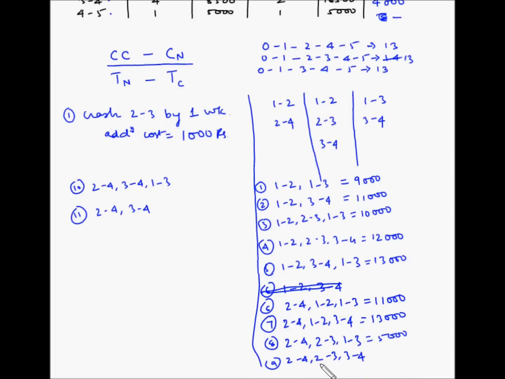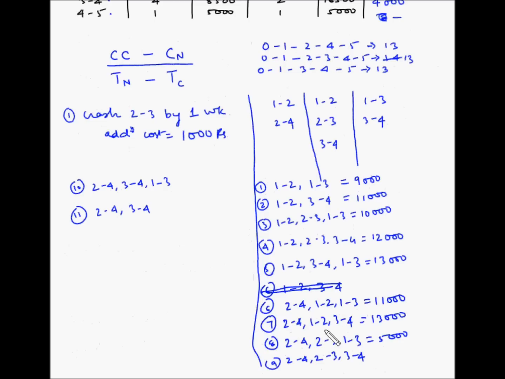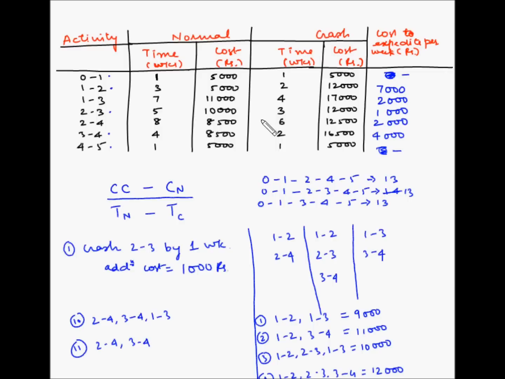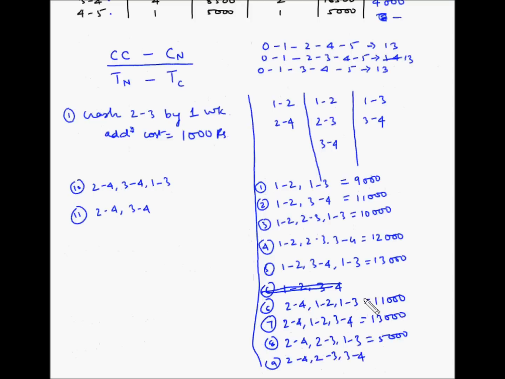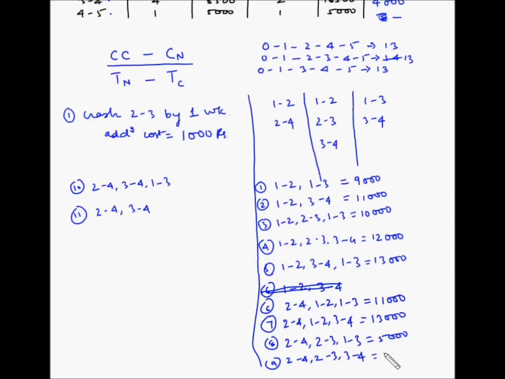The next is 2-4, 2-3, 3-4. So 2-4 is 2,000, 2-3 is 1,000, so 2 plus 1 is 3,000, and 3-4, which is 4,000, so 3 plus 4 is 7, so this is 7,000.